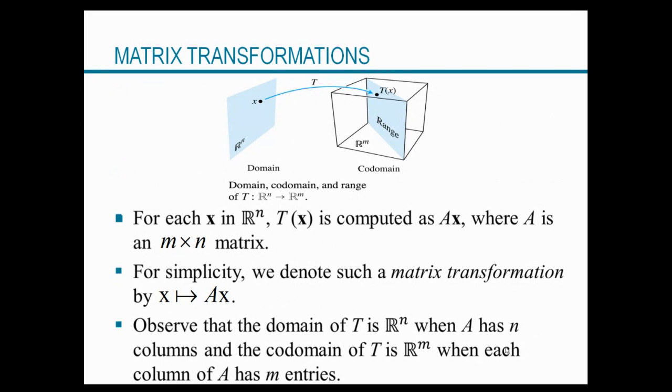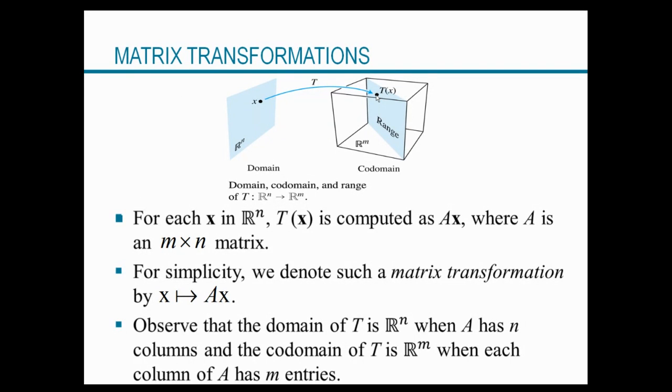Here you have a domain space in Rn, where the vectors live, where the vector x lives, and you can transform the vector by, for instance, pre-multiplying it by A. So if x is an n by 1 vector, so long as A is an m by n matrix, the transformed vector x will be a new vector in the Rm space.